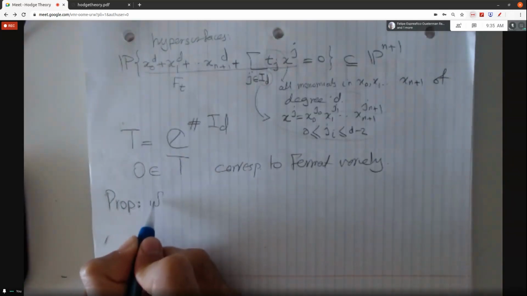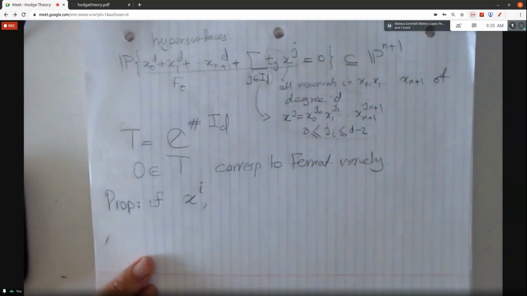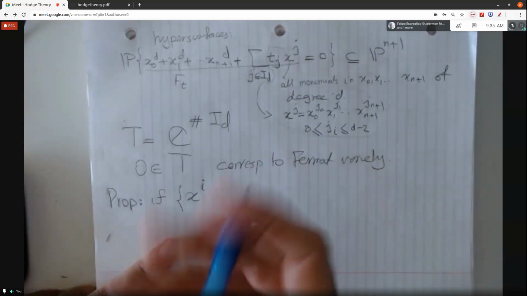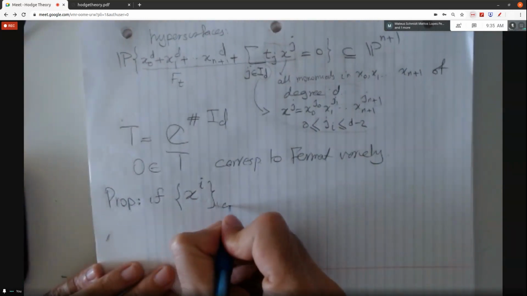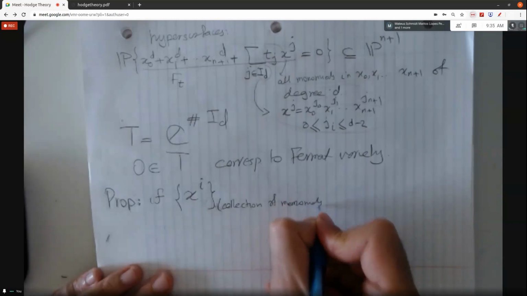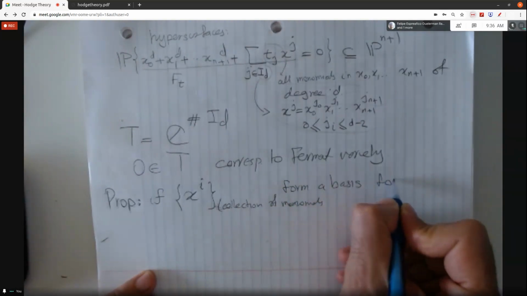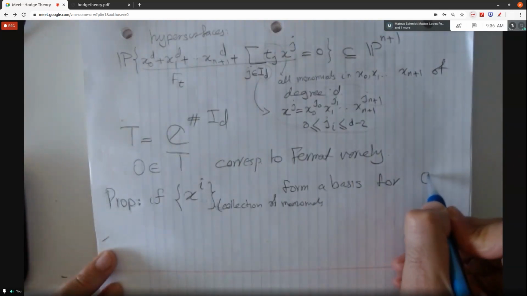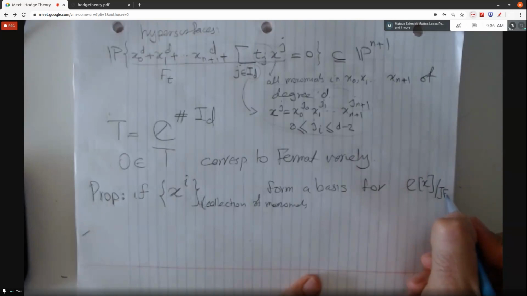Proposition: if this collection of monomials, for the moment I don't introduce the index set, forms a basis for the Jacobian ring, the ring of polynomials in x divided by the Jacobian ideal of f0.